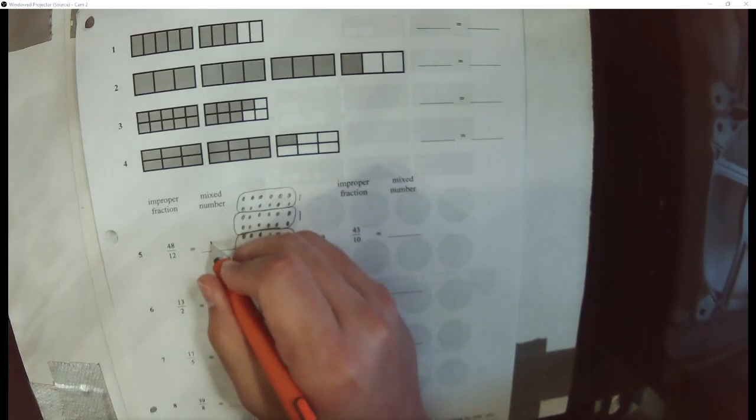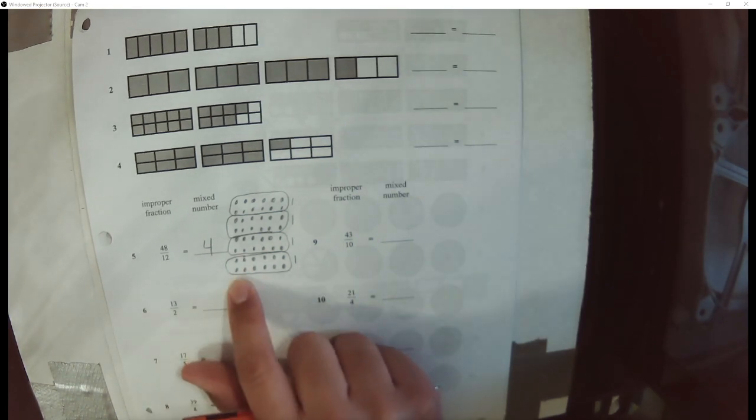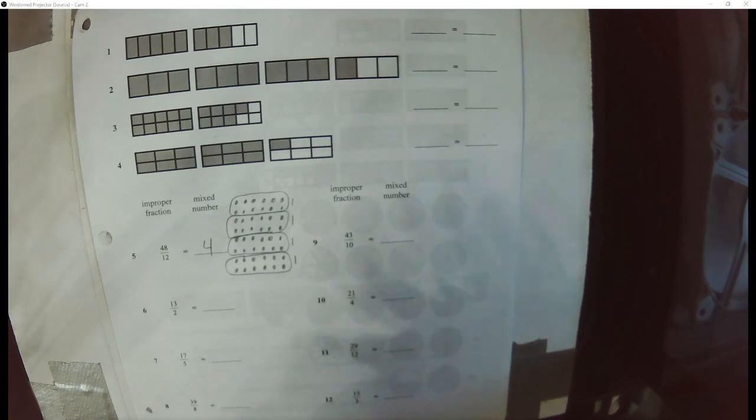Altogether, I was able to make 4 whole groups. 4 groups of 12. I didn't have any pieces left over, so my mixed number would just be 4. There's no fraction left.